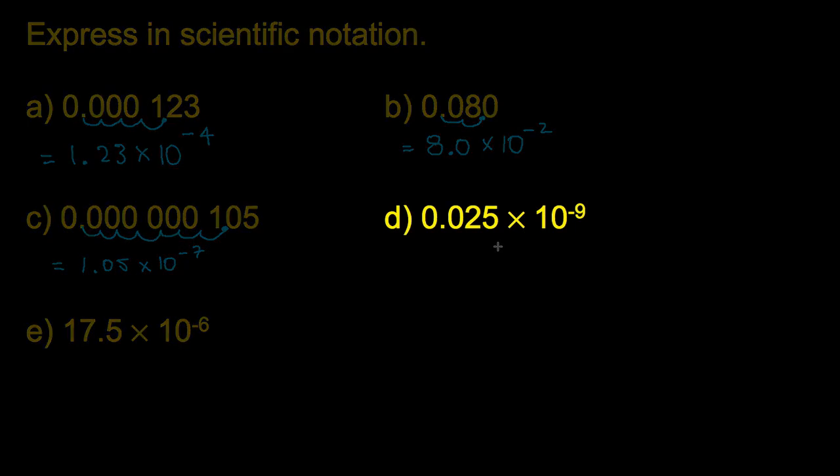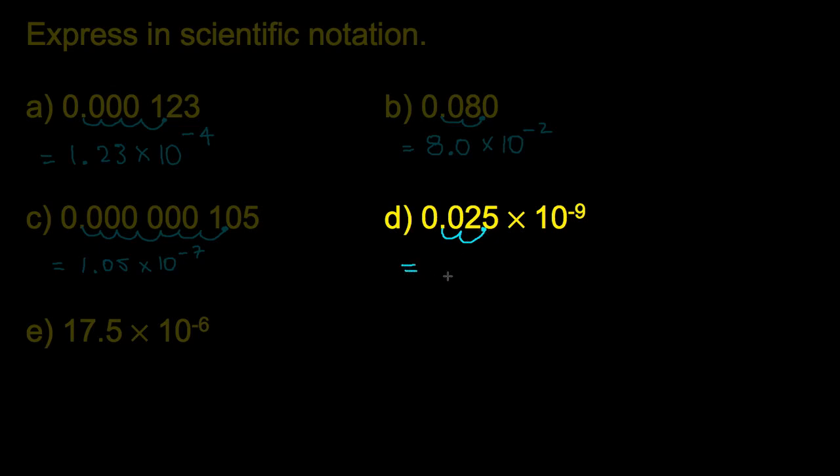Now this next one looks like it might be in scientific notation, but once again, the digit to the left of the decimal place right now is a 0. We don't want that. We want it to be 1 to 9. So here we go. We need to move this decimal place so it is finishing here between the 2 and the 5. Watch. 1, 2.